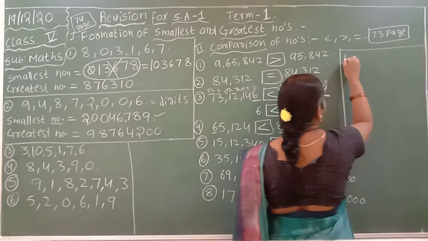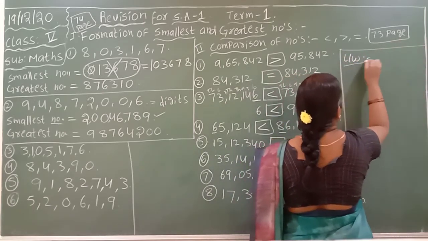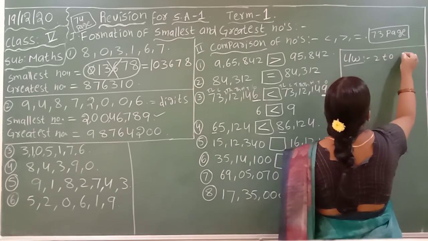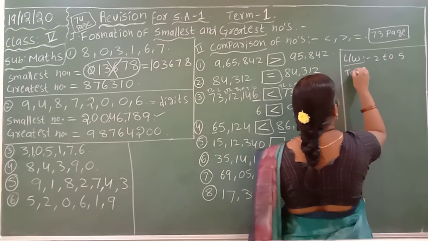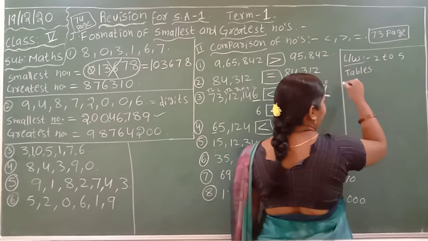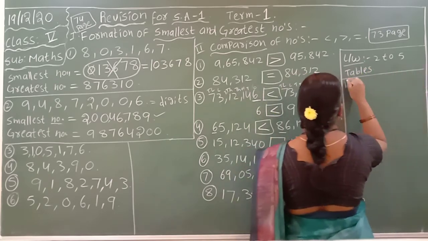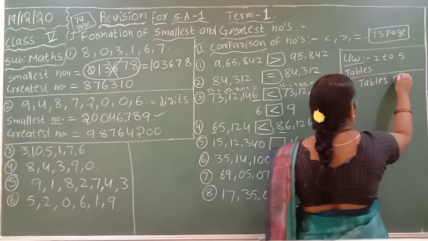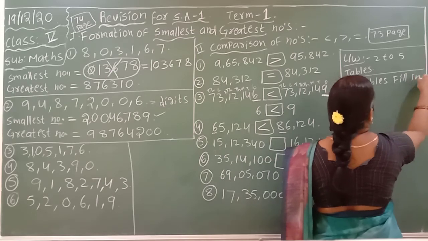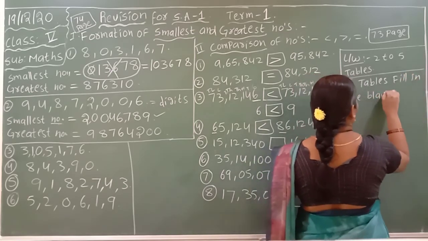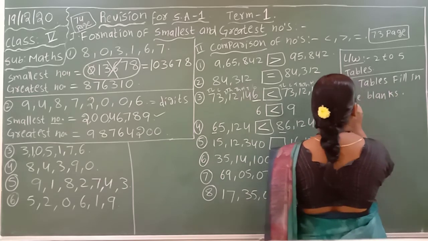You have to learn and write tables also, 2 to 5 tables. I am giving tables in the exam as fill in the blanks. You must write down the answers.